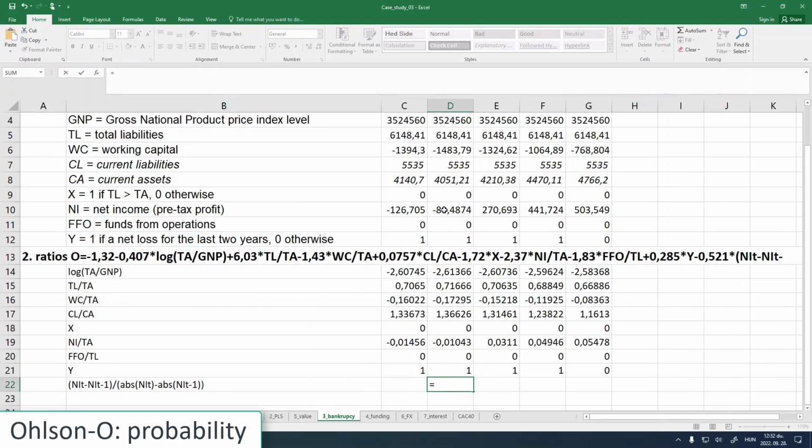So bracket opens, net income this year minus the previous net income, then divided by the absolute value, and minus.